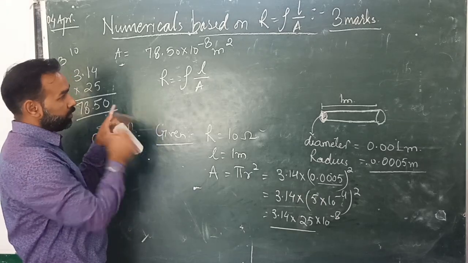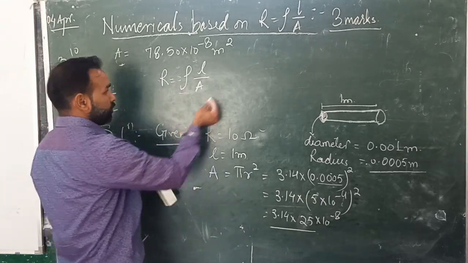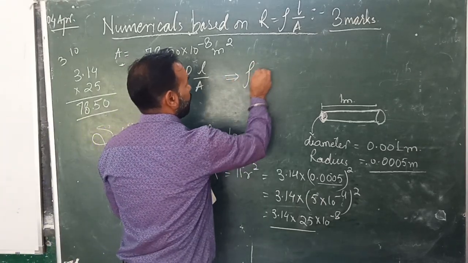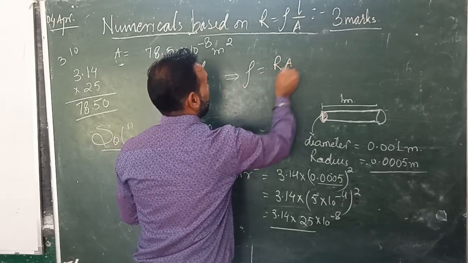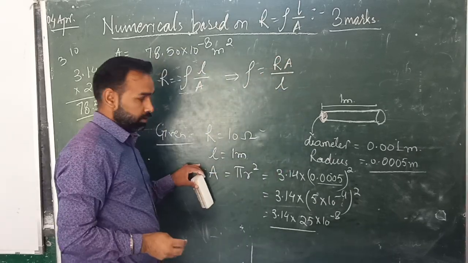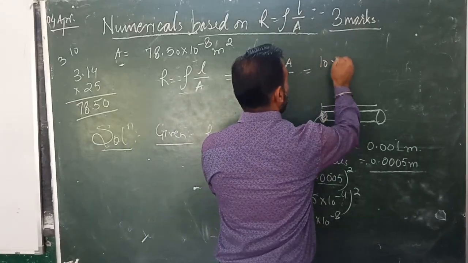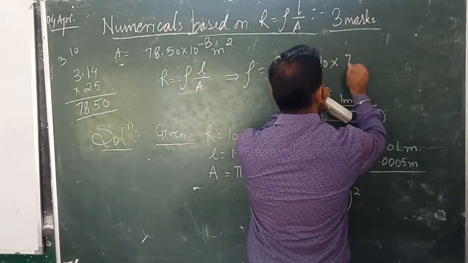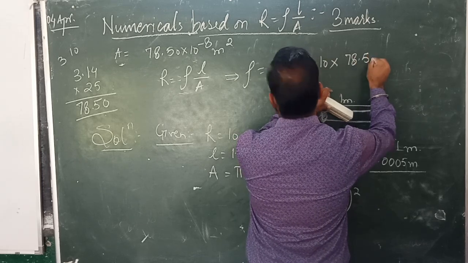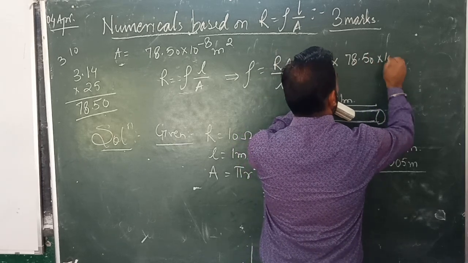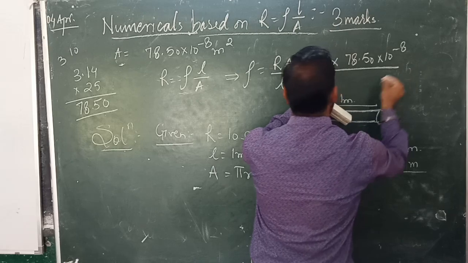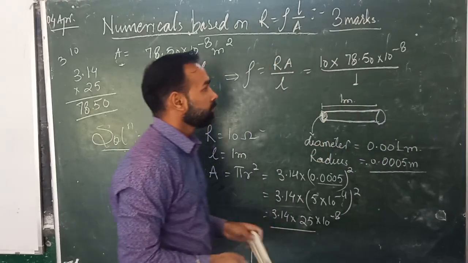Now what will you do? You have to find out rho. So this implies rho equals R A upon L. Now you will put the values. All values you know: 10 ohm into 78.50 into 10 to the power minus 8 upon 1.